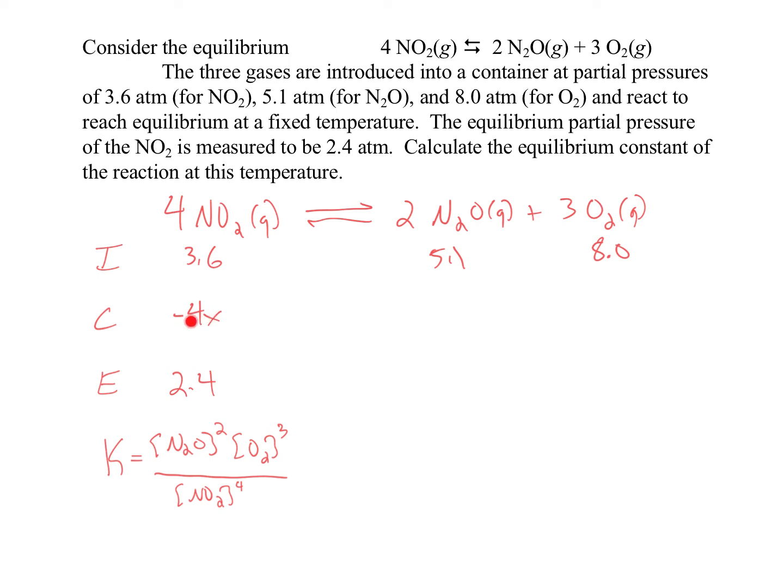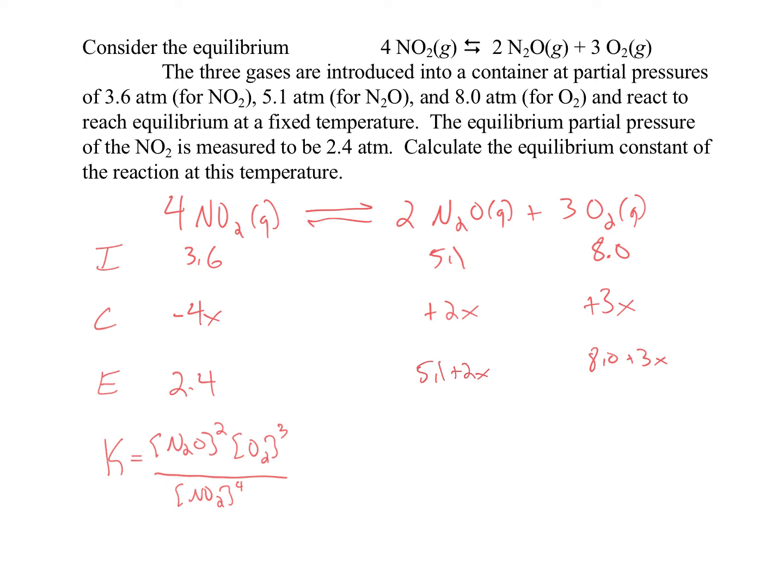If this is minus 4x, that means the change in N2O is going to be plus 2x, and O2 will be plus 3x. And we know that if we add the initial and the change entries for a given column, that will give us the equilibrium. So 5.1 plus 2x and 8.0 plus 3x.